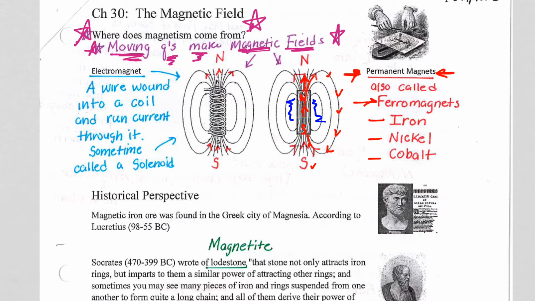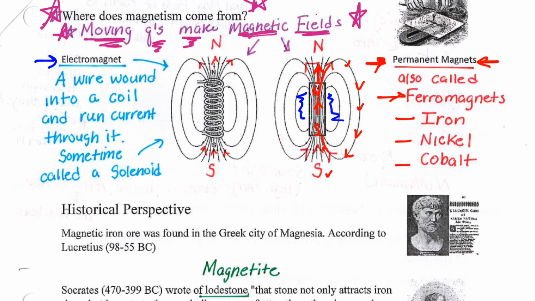The other type of magnet we encounter in everyday life is what is called the electromagnet. If you've ever seen TV or the movies where they have the scrap yards where the big crane with the disc at the bottom, the operator turns on the power and the disc picks up the metal, it becomes magnetic, and then they crane it over to a different area and drop it by shutting off the current.